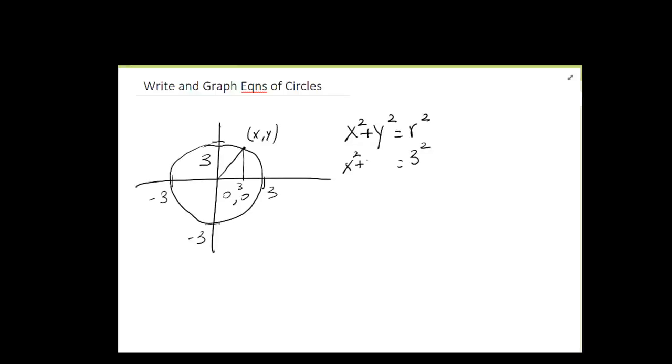So if we take any point at all on this circle, it will satisfy this equation.